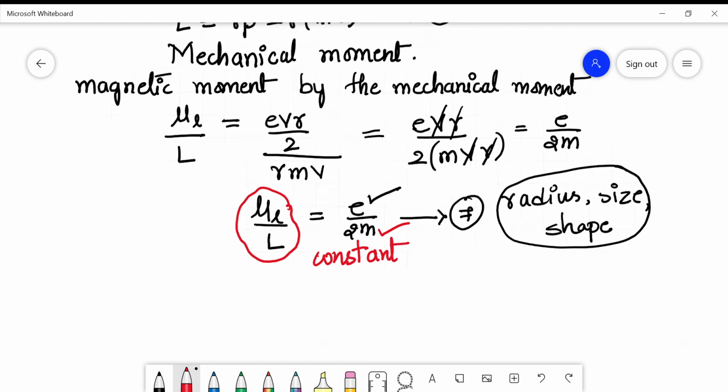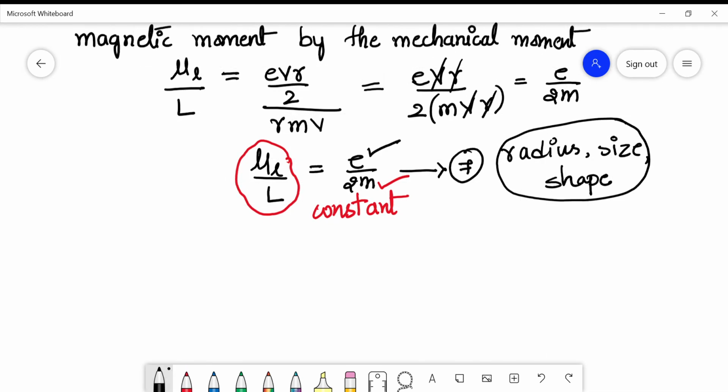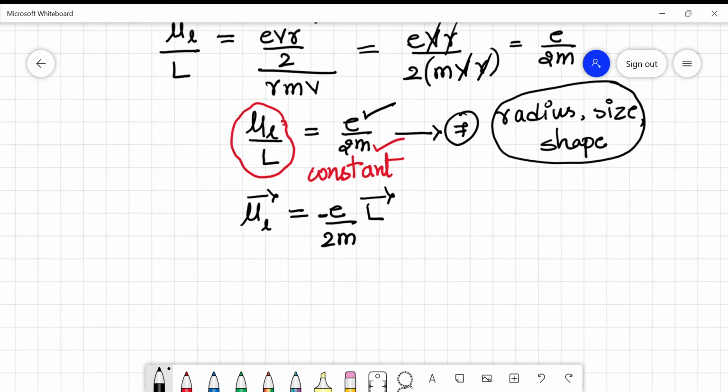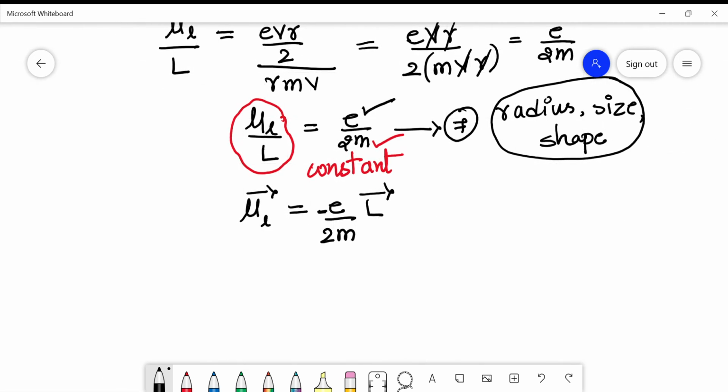Up to now we have considered only the magnitudes. If I consider the direction, that means if I consider them as vectors, what will I have? Mu L is equal to E divided by 2m into L as a vector. Since I am considering vectors here, I should consider the charge of the electron as minus E. Now, I'll divide and multiply this equation by H cross. Mu L is equal to minus E H cross divided by 2m, times L divided by H cross.